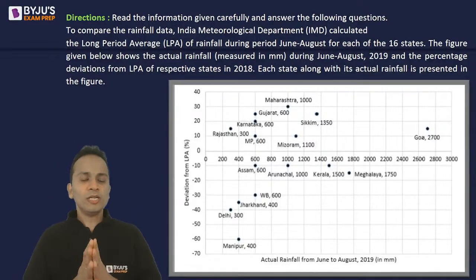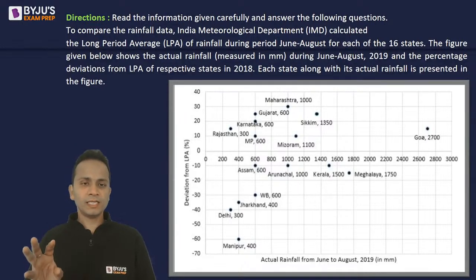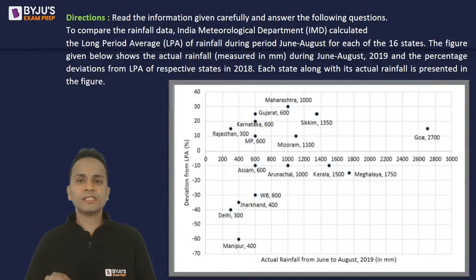Let's read the directions first of all. The question says that to compare the rainfall data, the Indian Meteorological Department calculated the long period average, termed LPA, of rainfall during the period June to August for each of the 16 states. In this graph you can see the data about the 16 states.